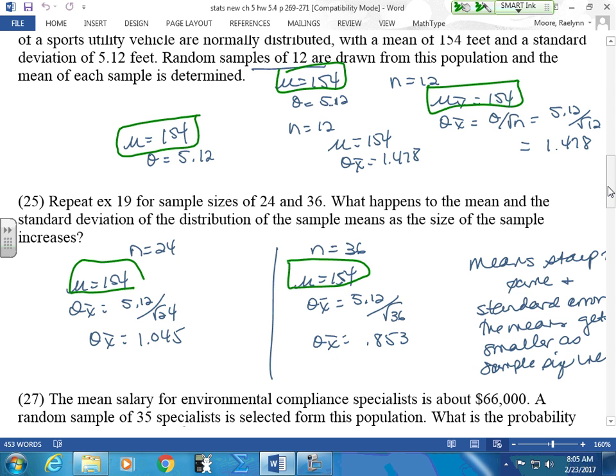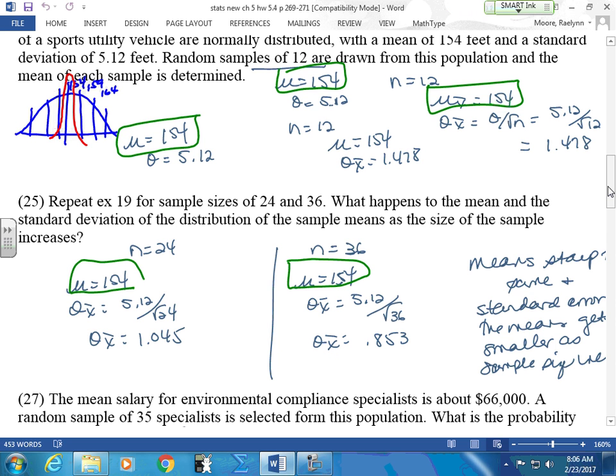So technically, I started out with a curve that looked like this. Here's my mean in the middle, 154, and I went out 5 each time. So this is approximately 159 something, 164 something, just approximate. Now I shrunk my standard deviation down to 1.4. So now I'm going within here, I'm doing 3 of these. My curve is getting narrower. This is going to shrink it down even more.